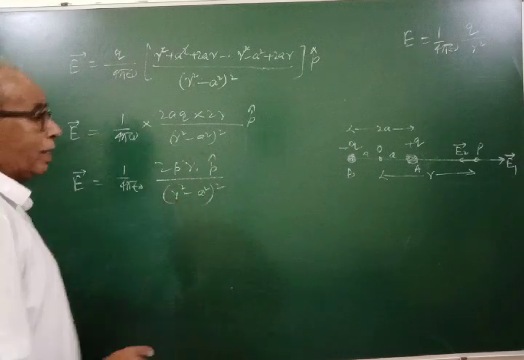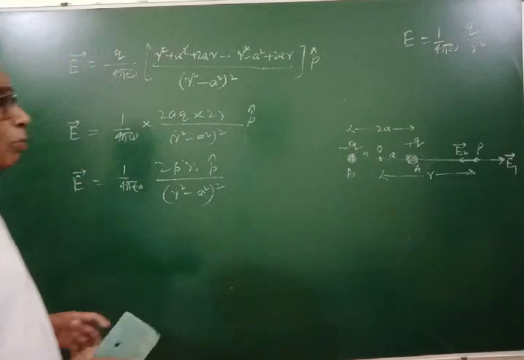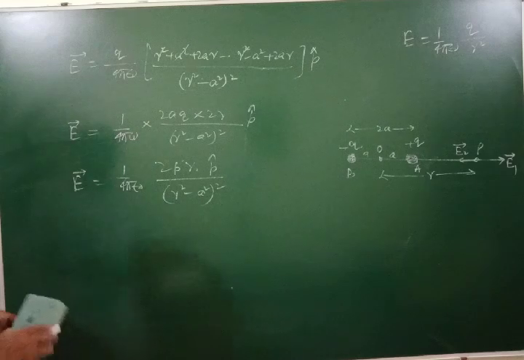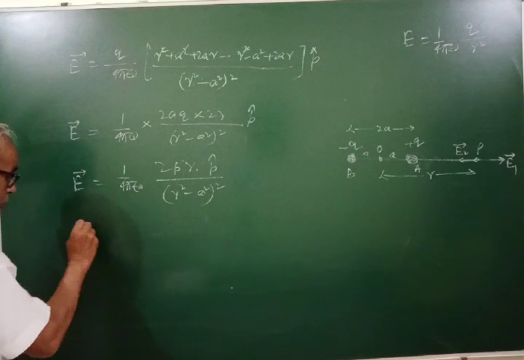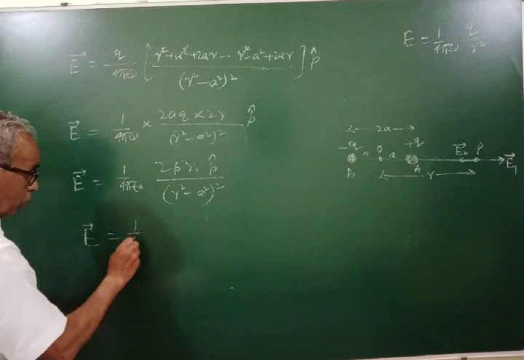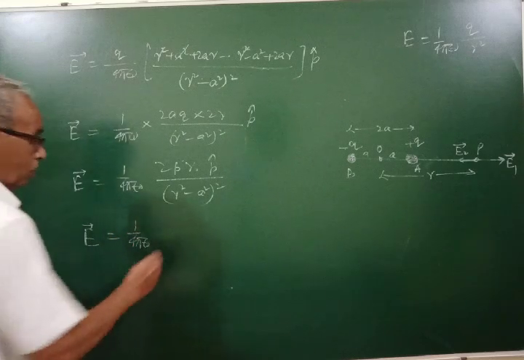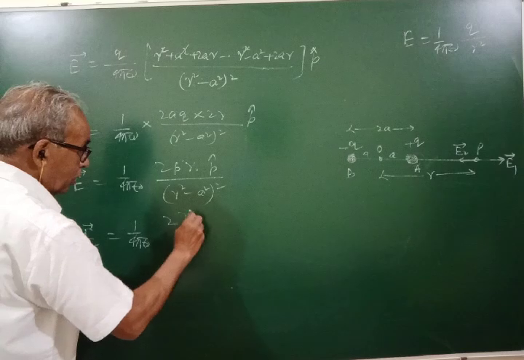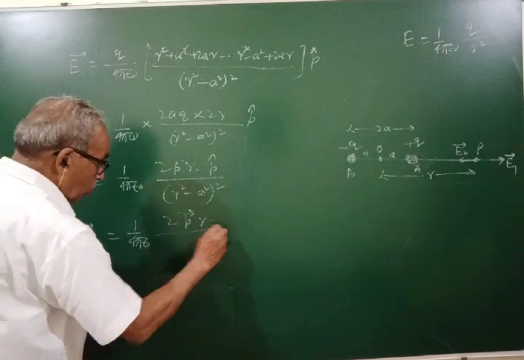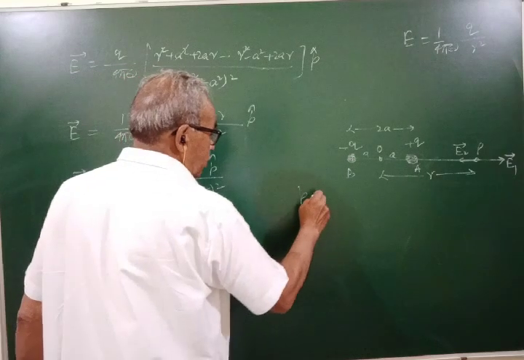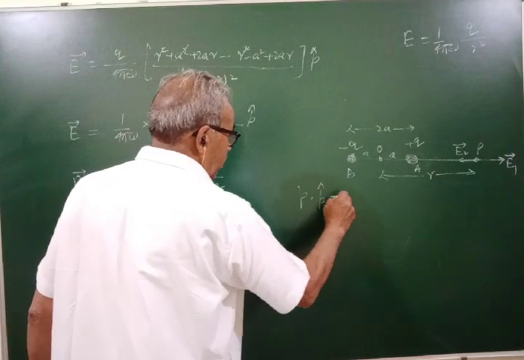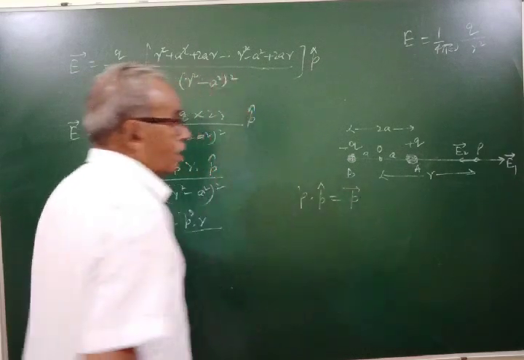Since the unit vector p cap and the dipole moment have the same direction, we can also write it as 1 upon 4 pi epsilon 0 times 2 vector p r upon (r square minus a square) whole square, since p times p cap becomes vector p.